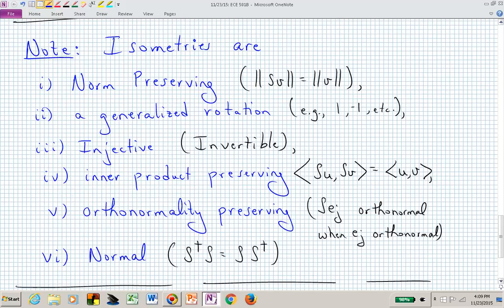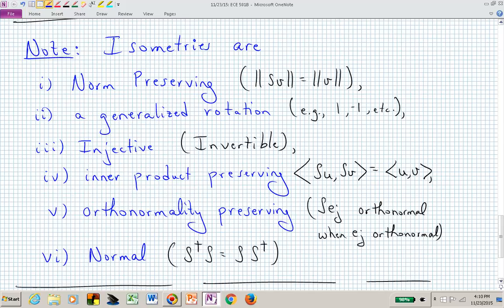By that I mean the norm of SV is equal to the norm of V. It's a generalized rotation. If you think in terms of one-dimensional concepts, a rotation is really just what you can do in one dimension. You can go either forward or backward. That's the 1 and minus 1.